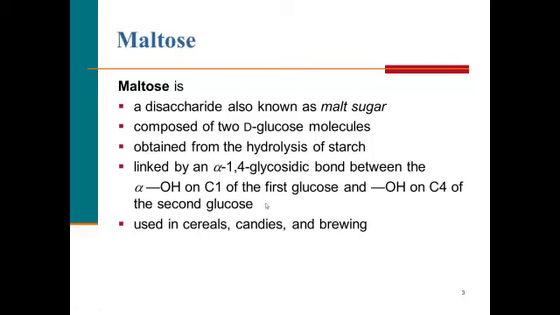This is going to be a molecule that's used in things like cereals, candies, or brewing. And it's going to be found in two different forms, the alpha and the beta form, which we'll talk about in just a minute.